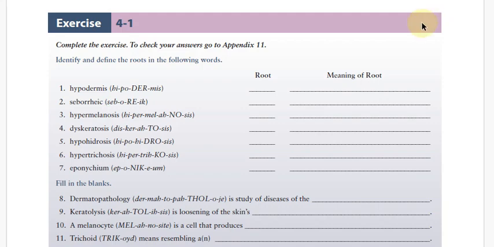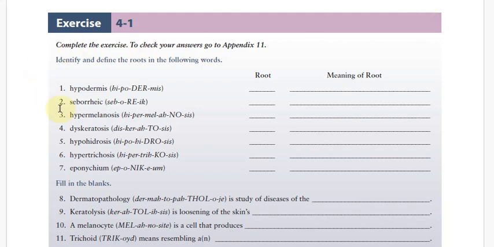There are some examples here. Hypodermis. I've already told you hypo means down, bottom, the opposite of hyper. And here the root is derm, and it means skin. The pronunciation of number 2 is seborrheic.